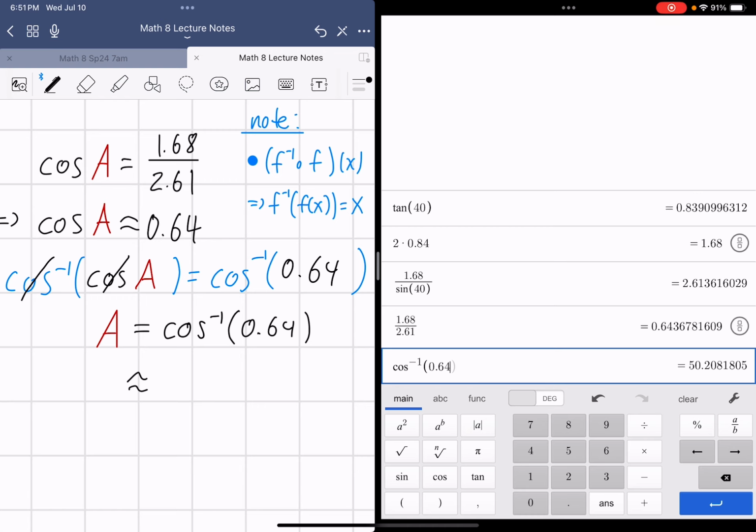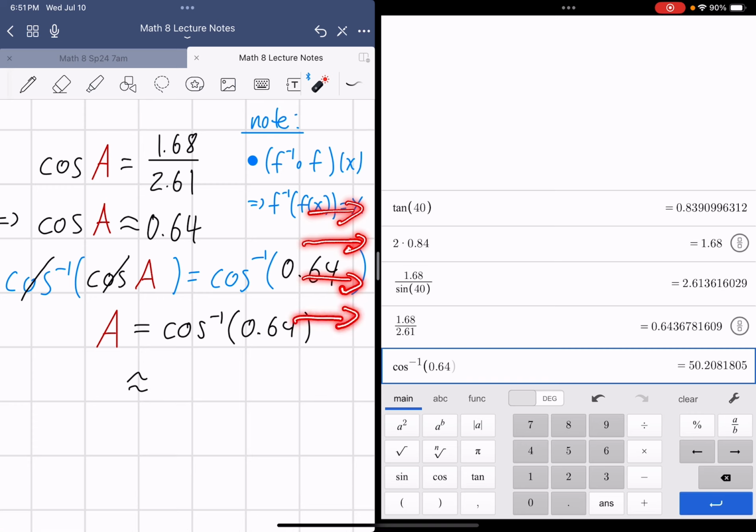And we rounded the 1.68 divided by sine of 40, which I'll point to. It started all the way with we rounded tangent 40. We rounded the 2 times 0.64. That one gave us 1.68. And then we rounded again for 1.68 divided by sine of 40.